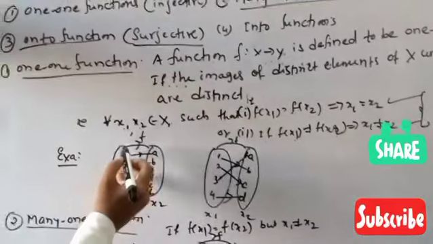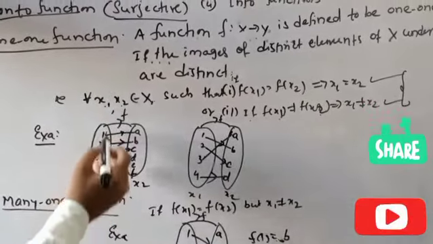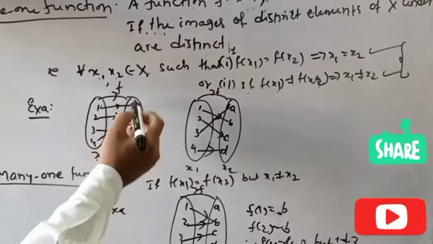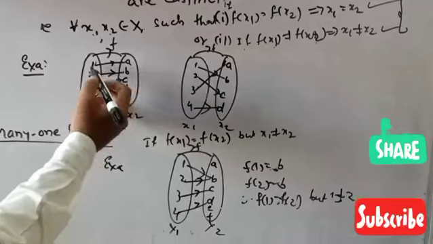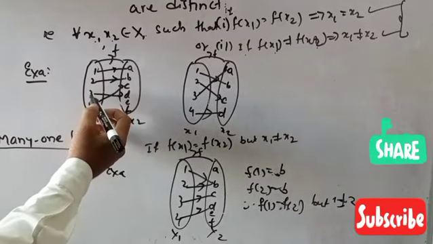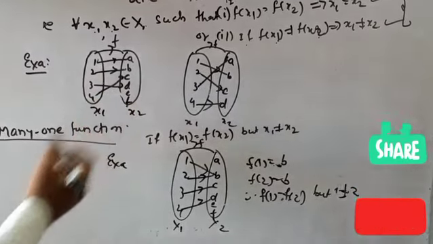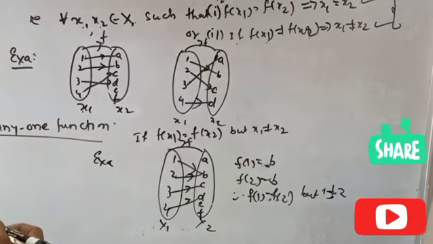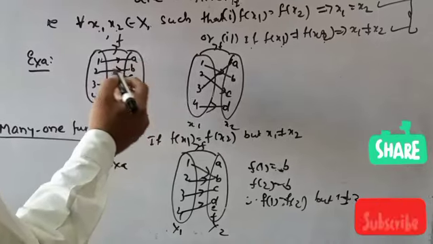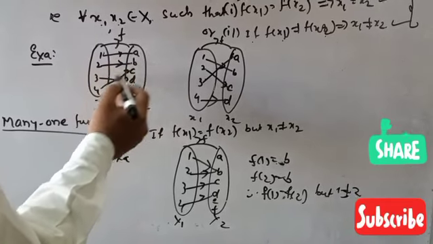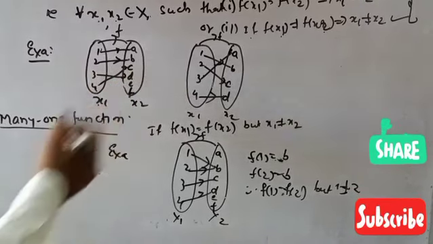For example, here the set X1 contains the elements 1, 2, 3, 4. Set X2 contains the elements a, b, c, d, e, f. So 1 is related to a, 2 is related to b, 3 is related to d, 4 is related to c, so that every element of A has one and only one image in B. 1 has image a, 2 has image b, 3 has image d, 4 has image c.